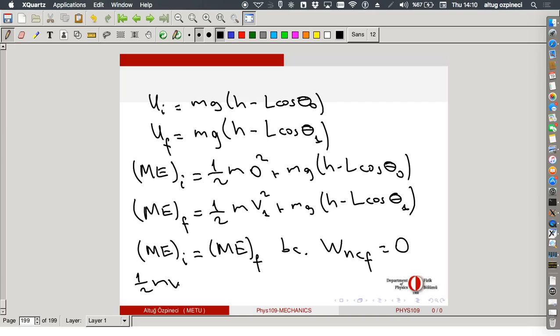So 1 over 2 m v1 squared plus mgH minus mgL cosine theta 1 should be equal to mgH minus mgL cosine theta 0. So mgH, we can just cancel from both sides.